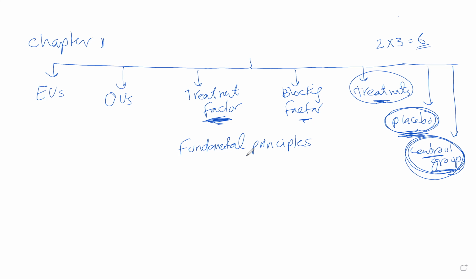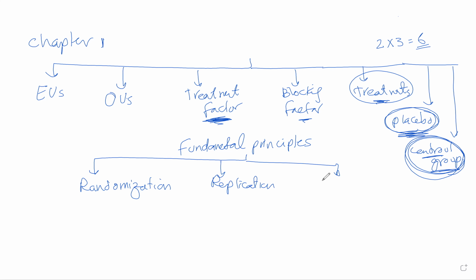It is something related to design, like randomization, replication, blocking, and we added one more, which is not in the lecture note, called blind or double blind. Blind or double blind experiment.